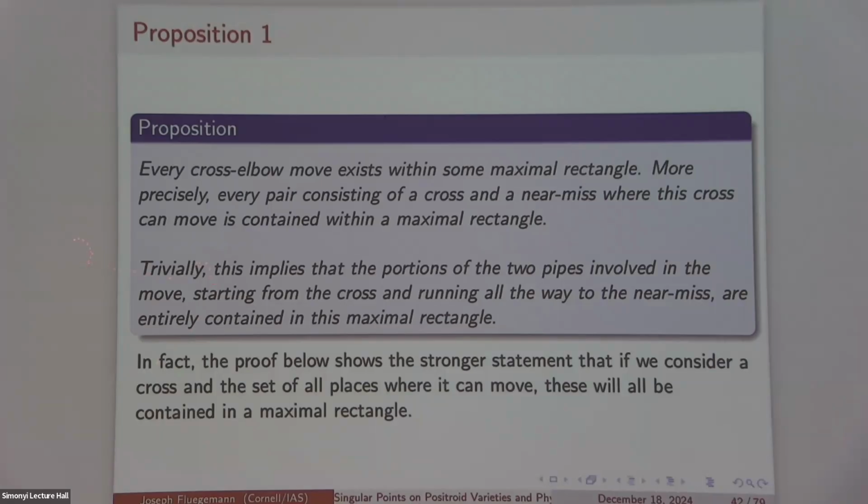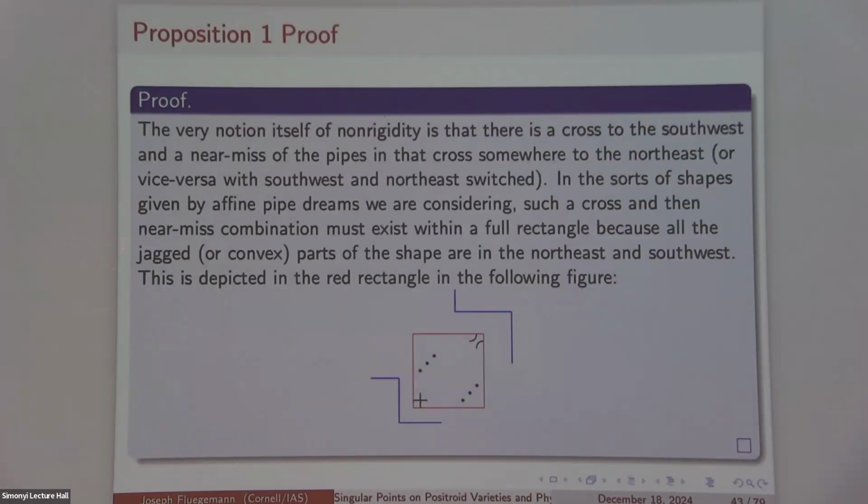The first part is that every cross and near miss exists on a maximal rectangle. I guess the proof is not very difficult at all. It follows simply from these shapes, since the pipe dream pipes only move northeast as you go up, they have to be contained in this sort of rectangular shape.